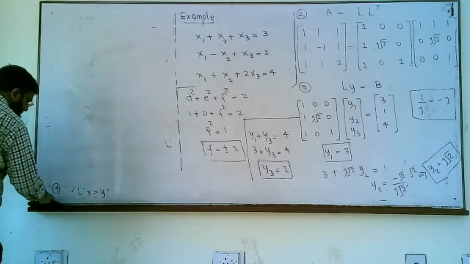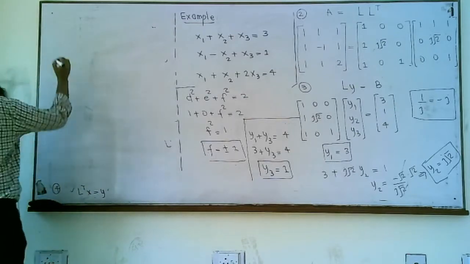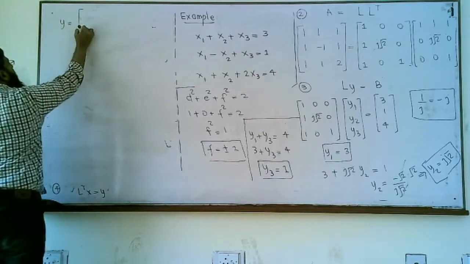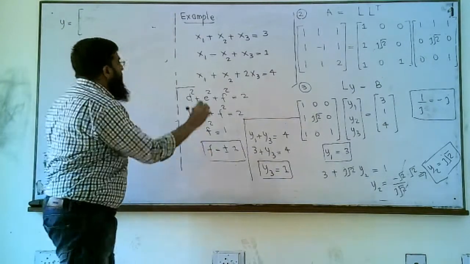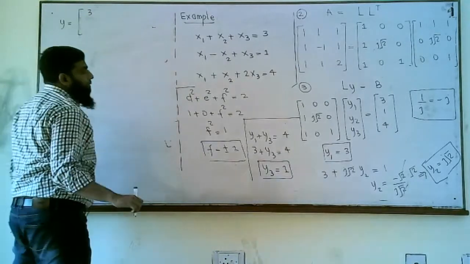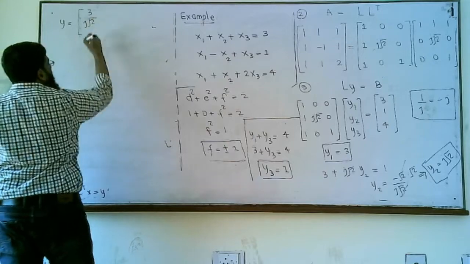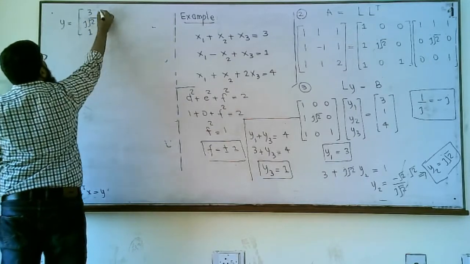This one, L transpose x is equal to y. Right, so y is y1, y2, y3. y1 is 3, y2 is j square root of 2, and y3 is 1.